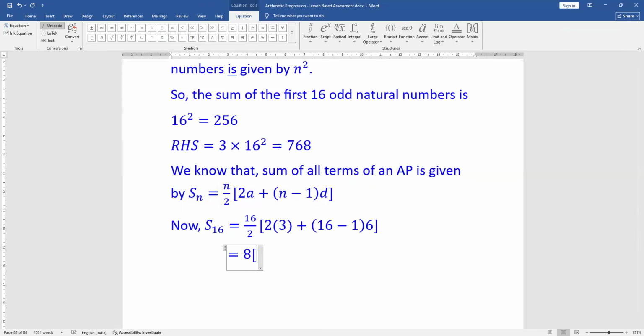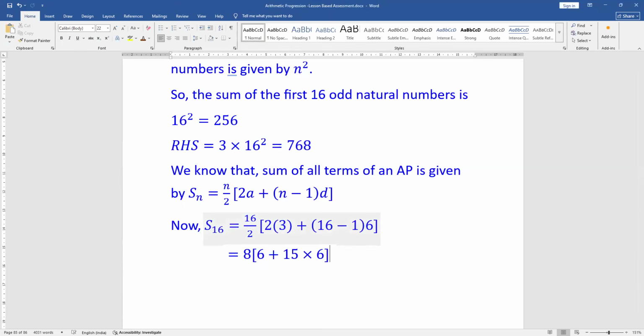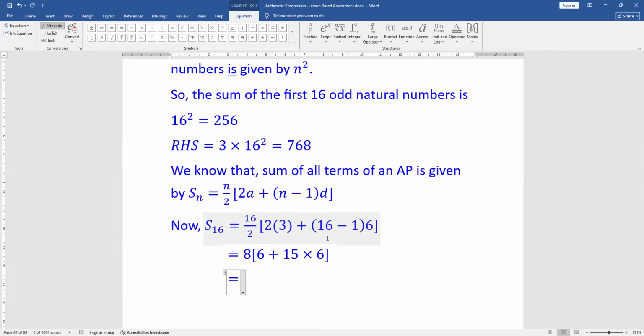It is 8. Then 2 times 3 is 6, plus 15, since 16 minus 1 is 15, 15 into 6. So S16 equals 8, bracket opens, 6 plus 90, 6 plus 90 is 96, bracket close.